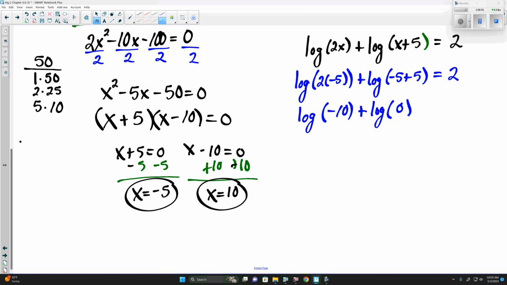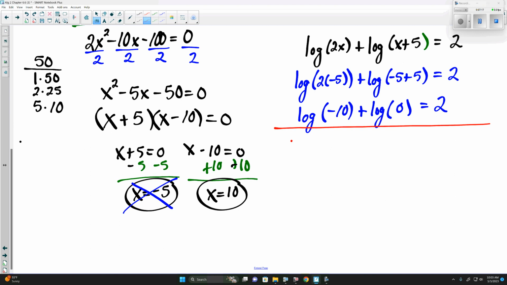Negative 5 plus 5 is 0. Well, we can't have negatives or 0 inside of a logarithm, so we can say for sure that negative 5 does not work, because that would give us an error.